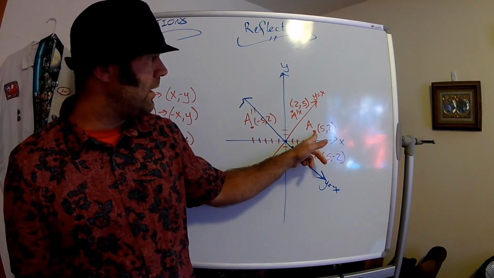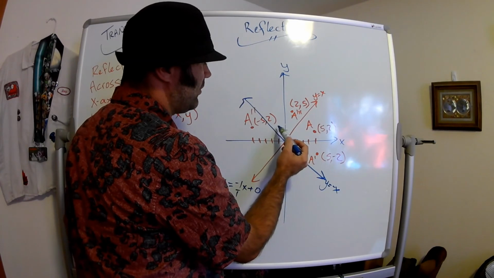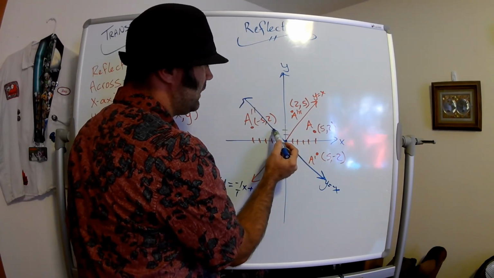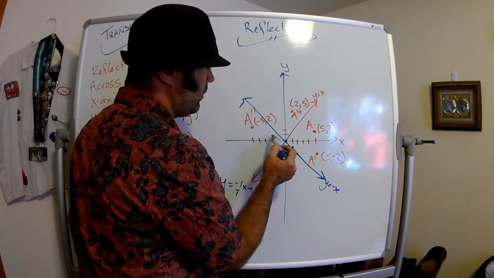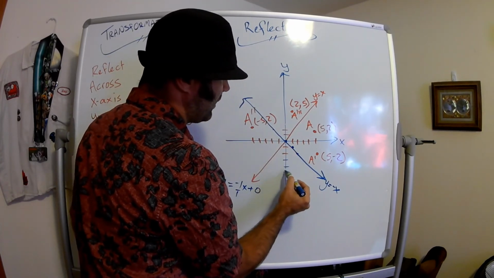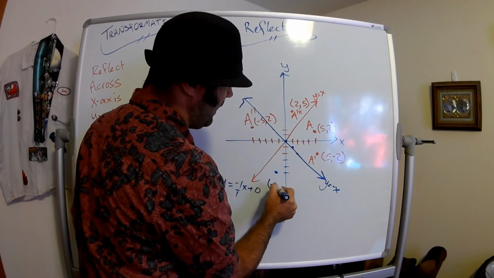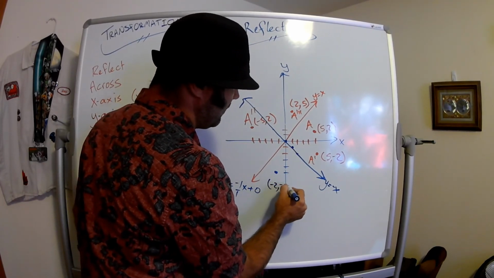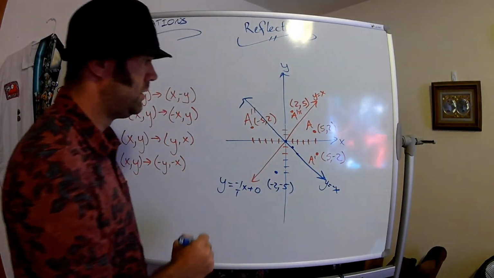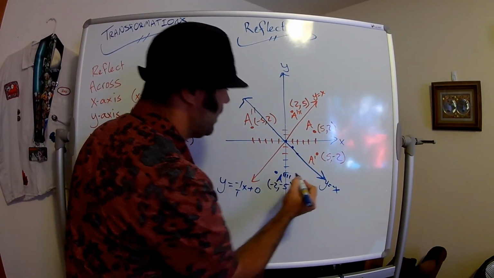And if A is 5, 2, we're going to go left 5, 6, 7 to get to the line. So then we're going to go down 7, 1, 2, 3, 4, 5, 6, 7. And we'll be right there at negative 2, negative 5. And that will be a quadruple prime.